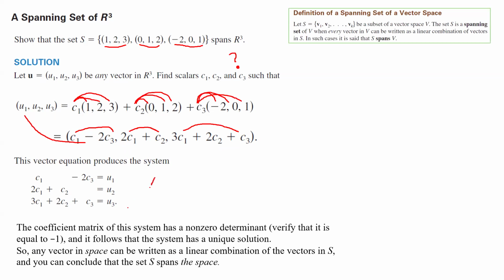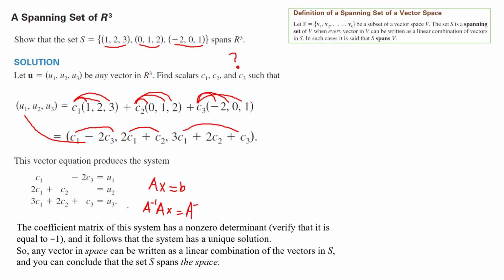Remember that when you had Ax equals b, if the determinant is non-zero, basically you can find the inverse of this matrix. So the inverse of the matrix multiplied by the left-hand side and right-hand side, A inverse times AX is equal to A inverse B, to basically get a unique solution, everyone.